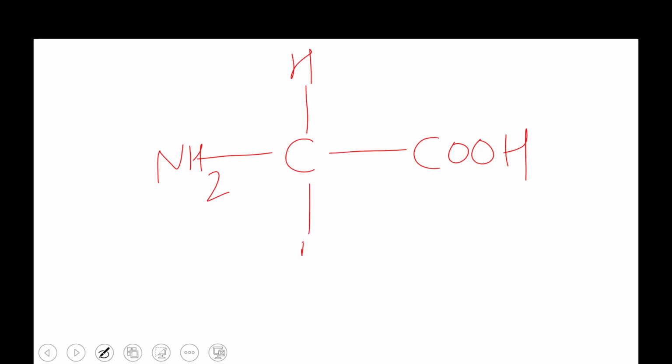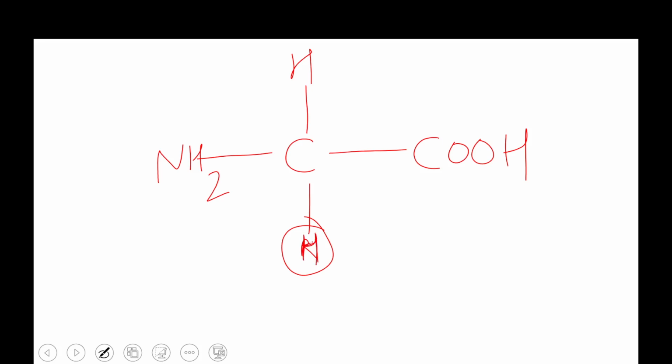It could be anything, which is why it is referred to as the R group. Whatever is added here gives us the different amino acids. In the case of glycine, in place of R we have H.